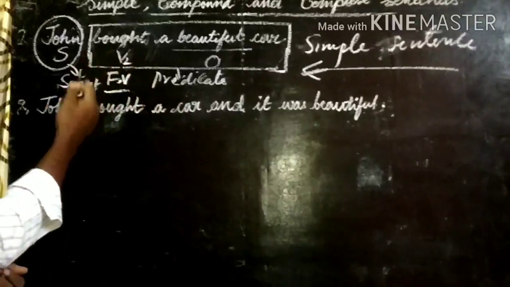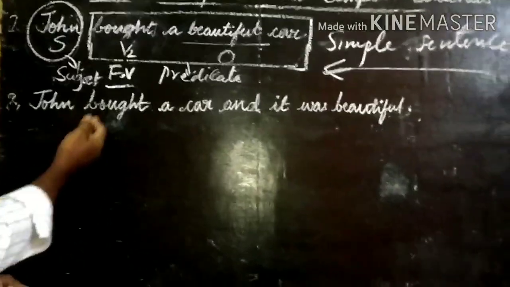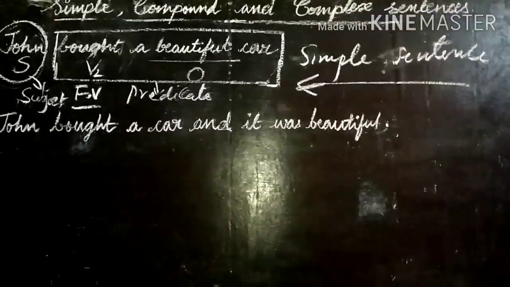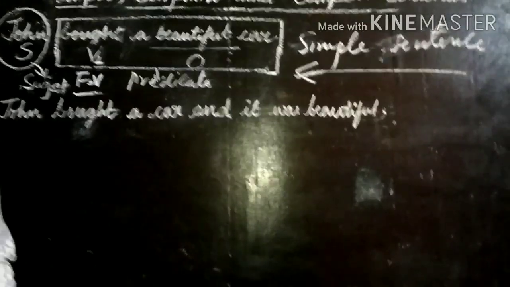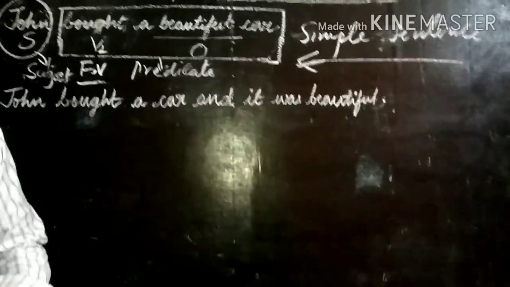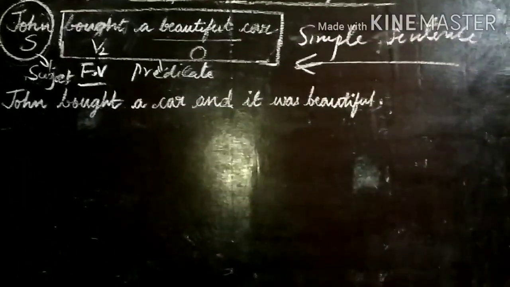Here is one other kind of sentence, that is, the compound sentence. Children, you have already learned that one idea in a language can be expressed in another way without changing the sense.